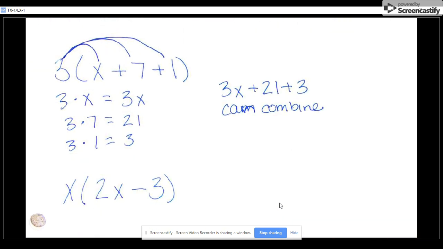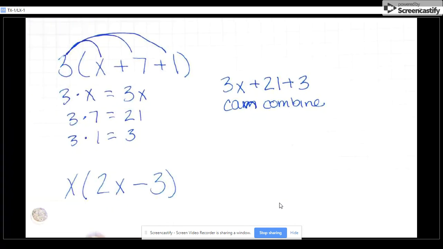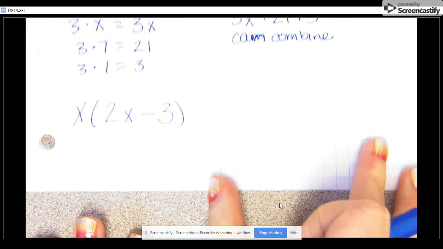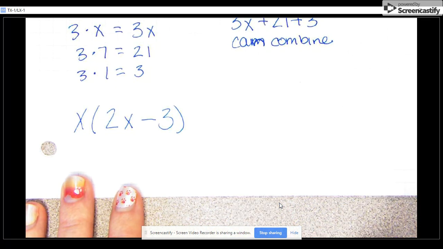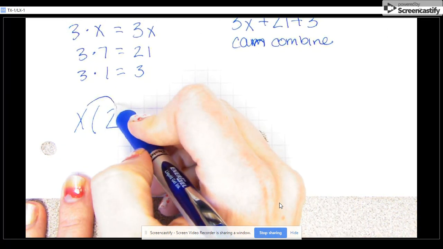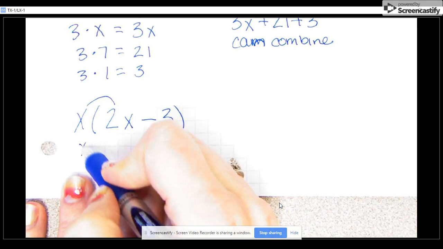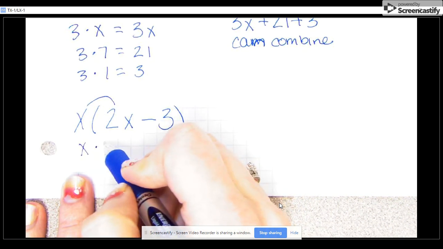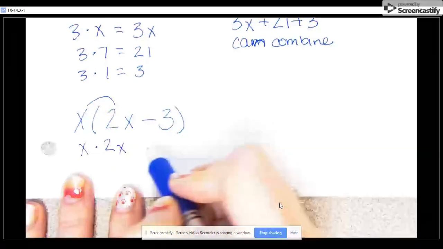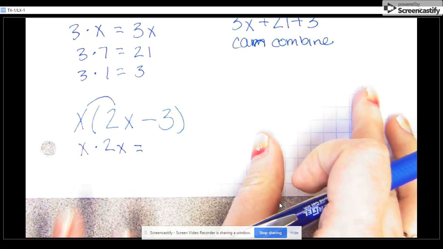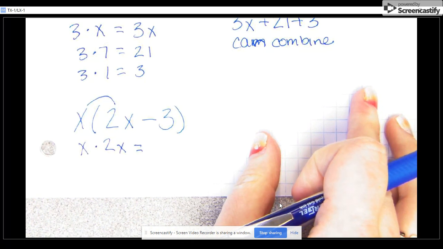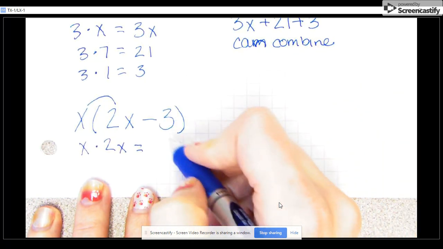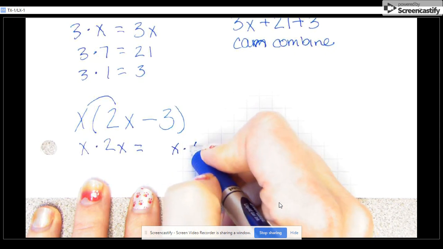Our last example is going to be a little bit trickier. I'm going to do the exact same steps that I've done before by taking x, multiplying it by 2x. Now, when I multiply two x's together, that's just like x times x.